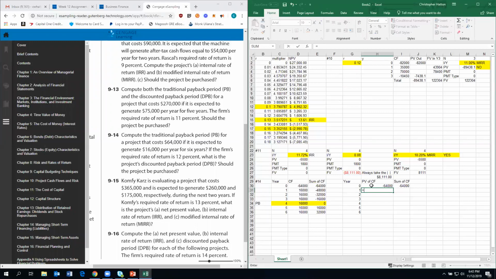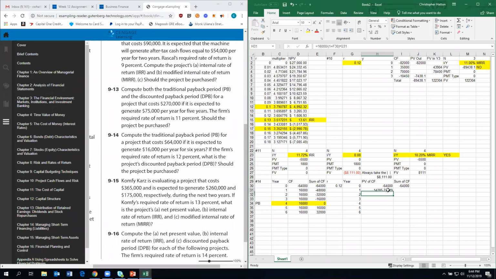But now here we have 6 divided by 1 plus. Oh, oops. Forgot. So our rate is 12%. And then this just calculated it out. Plus the rate raised to the time.